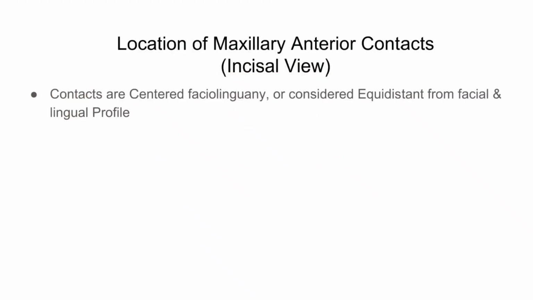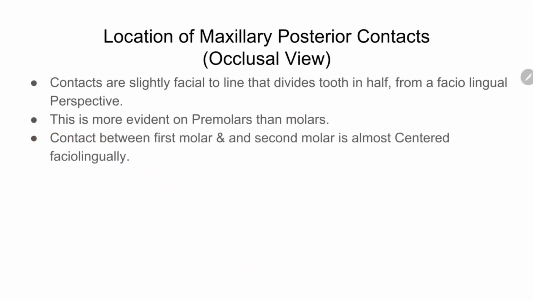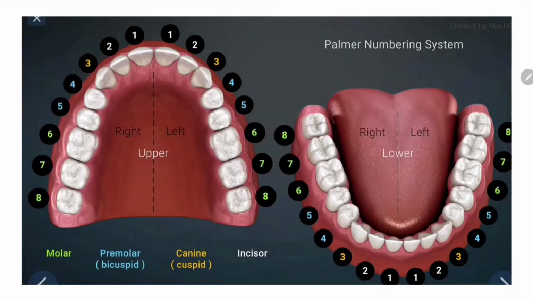Next is seeing the maxillary anterior contact areas from the incisal view. These contact areas are centered faciolingually, or considered equidistant from the facial and lingual profile. What does it mean? In this image, these are maxillary anterior teeth.